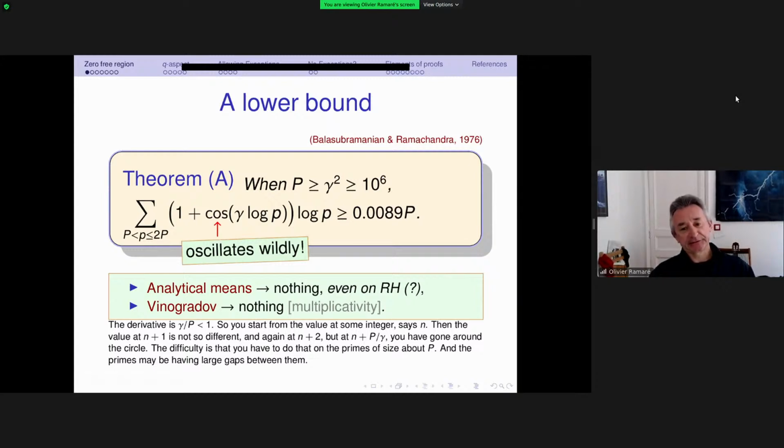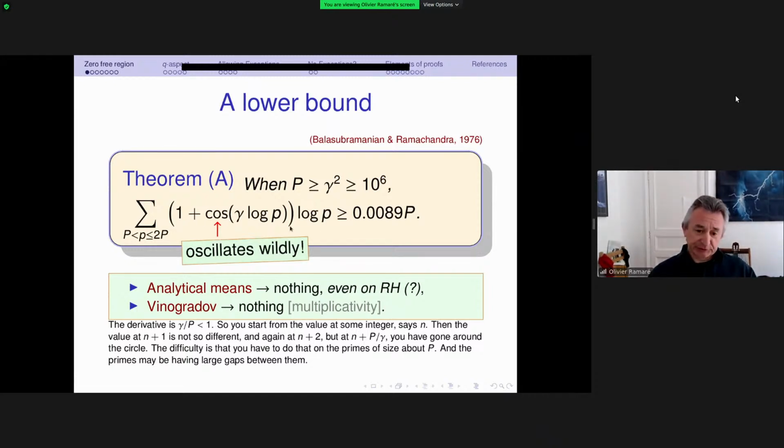The result of Balu and Ramachandra is that you can give a good lower bound for this quantity. Of course, you expect this quantity to be of size a constant times P, and you don't get the proper constants. 0.0089 is most probably smaller than what it should be, but still it is positive.